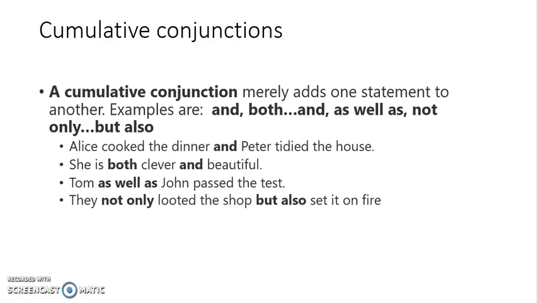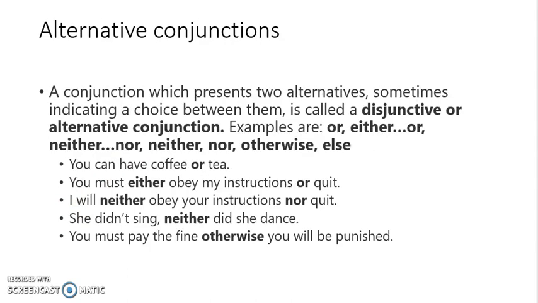Then the next one is the alternative conjunction. From the word itself, you know what an alternative might be. A conjunction which presents two alternatives, one or the other, or a choice between them, is known as an alternative conjunction. Disjunctive conjunction is also another term used there.